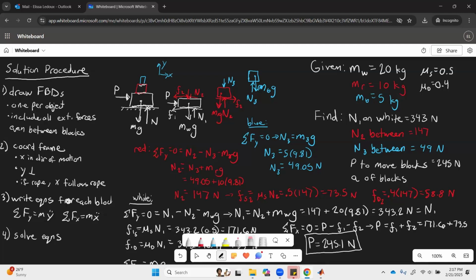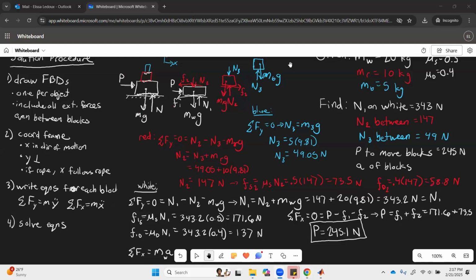So I think what's happening, if P is this that we calculated, this P I think would make the white block scoot out from underneath the red block. If P is less than that, then it would make the whole blocks move together. I think that's how it would go. So yeah, I think in this example, the white block will slide out from underneath those two because of how hard it's being hit.